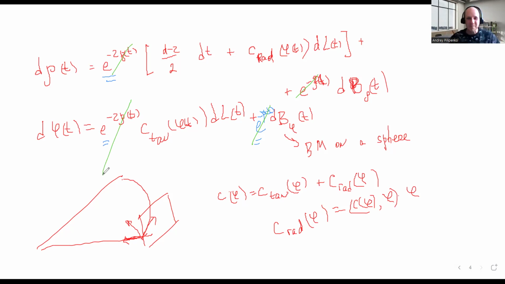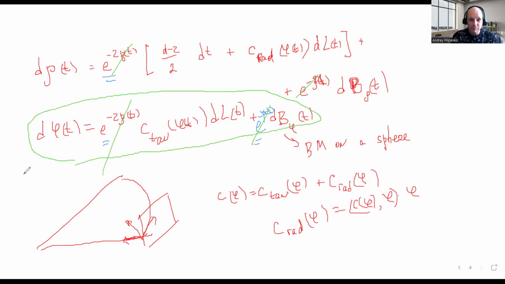Then what do we see? We see just diffusion on a sphere. And what is this? This is just a process. This is just a Brownian motion.